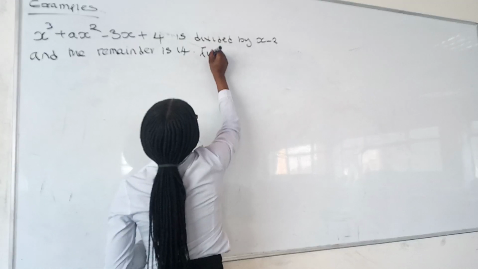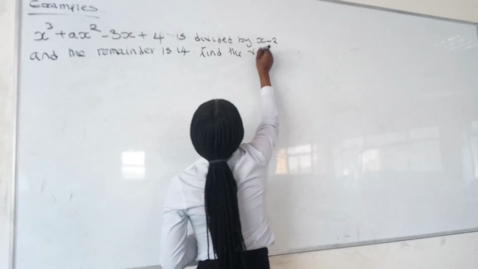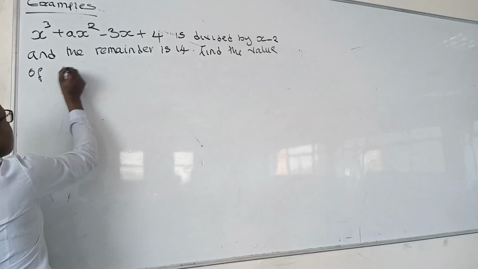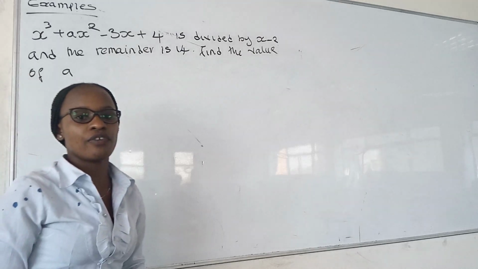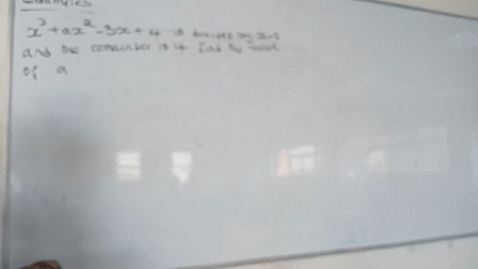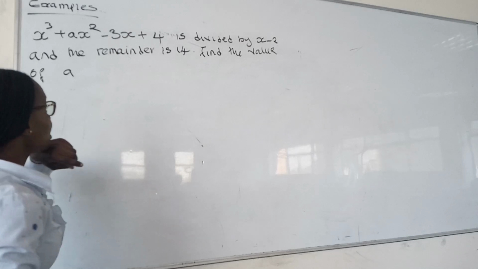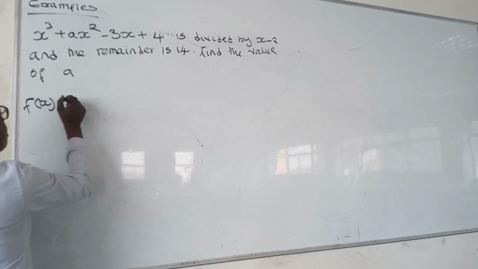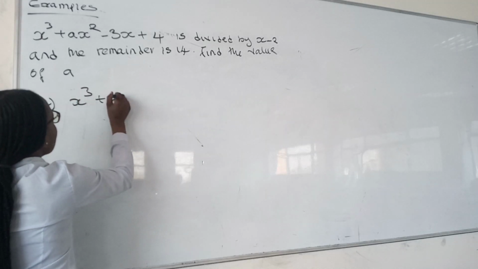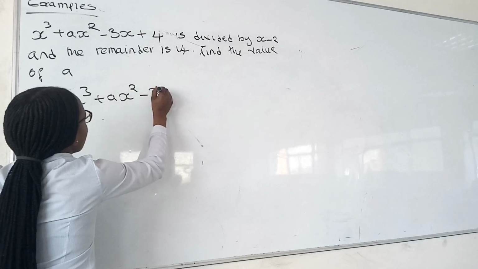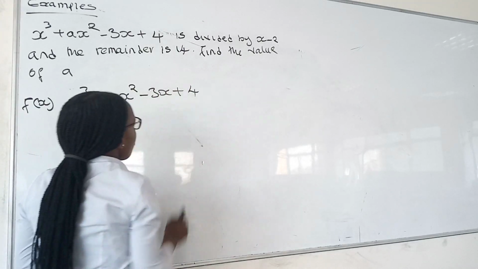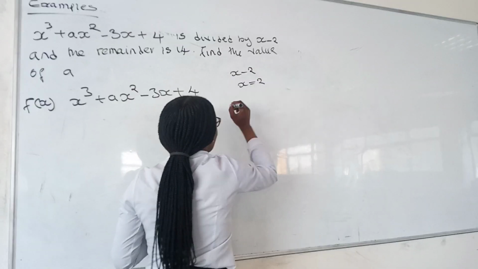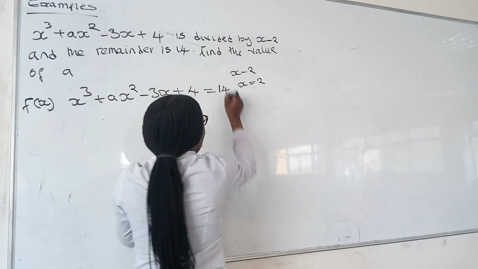Okay. Find the value of a. So we want to find the value of a, being given this question. This simply means that if we have this function, f of x being equal to x to the power 3 plus ax to the power 2 minus 3x plus 4, and it's divided by x minus 2, which simply means that x is equal to 2, it's now going to be equal to 14.